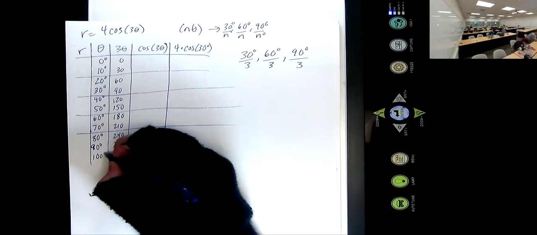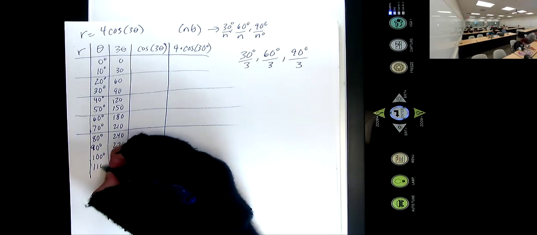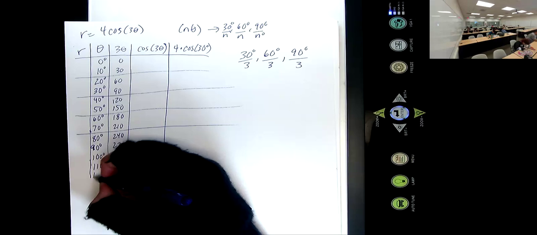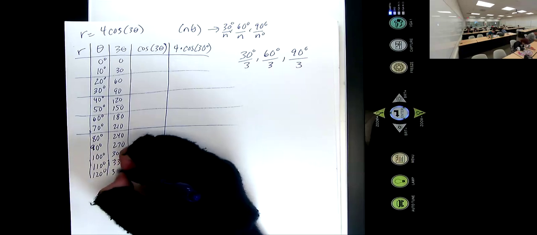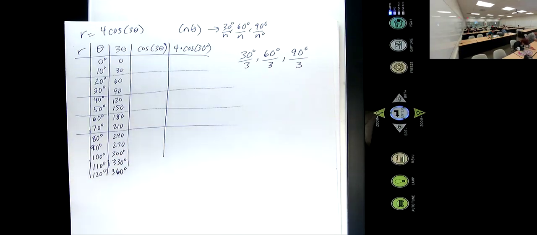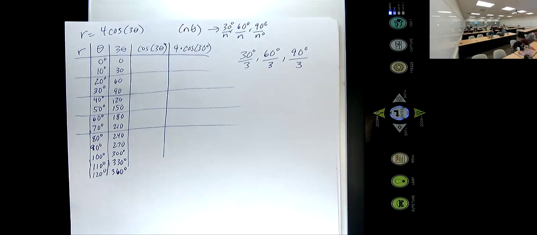When theta gets up to 120, these values are gonna start to repeat, because we hit the 360 mark on 3 theta. Since we're gonna do cosine of 3 theta, that's what really matters.